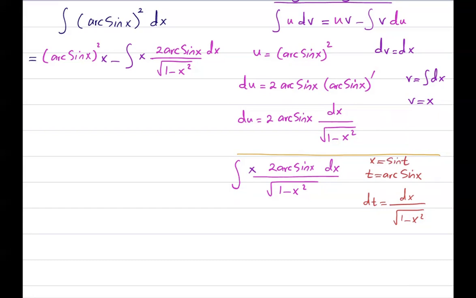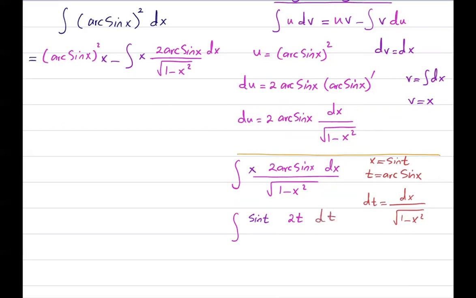Very well. So this integral can be written as the integral of, instead of x, I'm going to write sine t. And then here you have 2 times arcsine, which becomes 2t. And then I have dx divided by square root of 1 minus x squared, which is just dt itself.